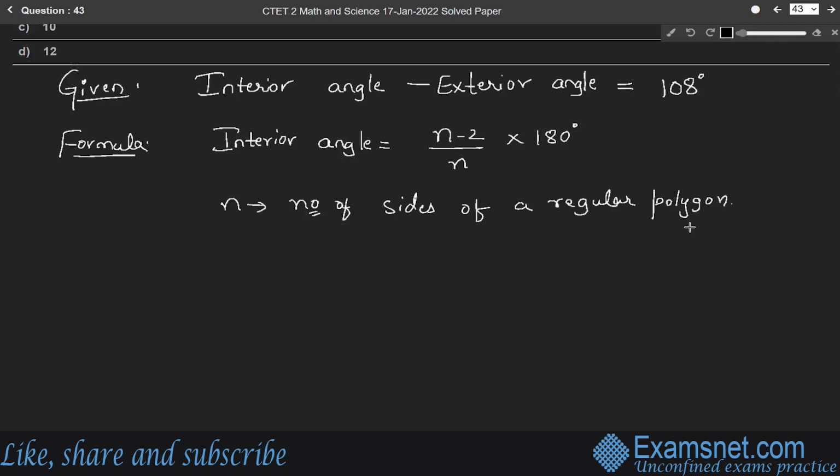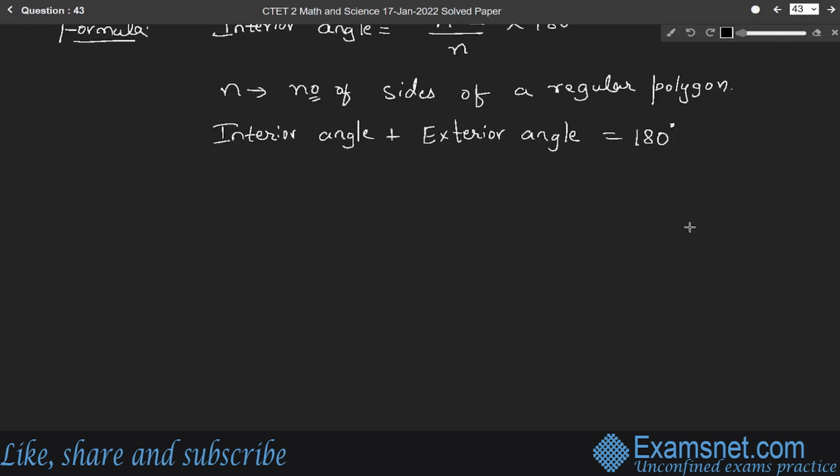And one more formula: the sum of the interior angle and the exterior angle is equal to 180 degree. So interior angle plus exterior angle is equal to 180 degree, right? So come to the calculation part.